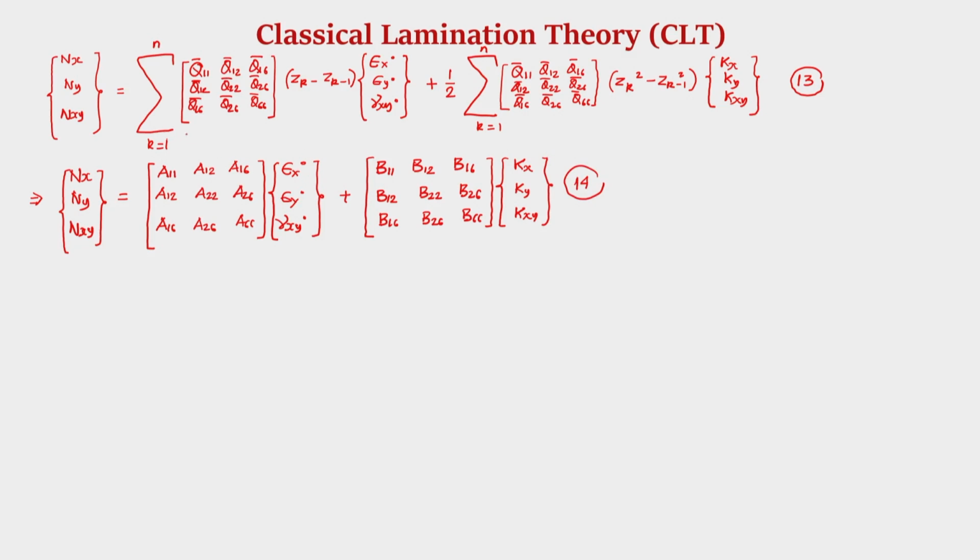this part, the sum over k going from 1 to n of Q bar into z k minus z k minus 1, is replaced by the A matrix, and this term, sum over all the layers Q bar of each layer multiplied by z k square minus z k minus 1 square into half, is represented by this B matrix.